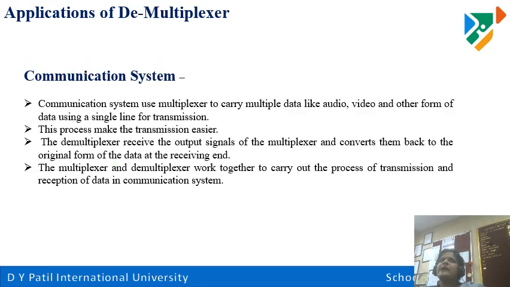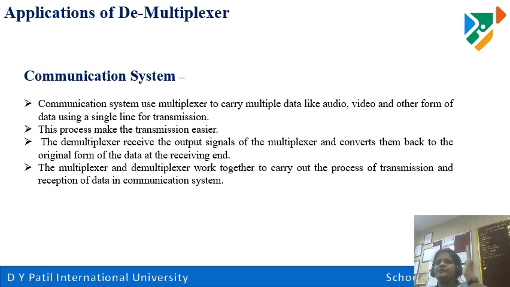So what are the applications of a demultiplexer? It is the same. A communication system uses a multiplexer to carry multiple things, right? The demultiplexer will receive the output signals of the multiplexer and convert them. So at one end you will have a multiplexer, at the other end you will have a demultiplexer. Whatever you are trying to do with the multiplexer, those signals are received by the demultiplexer and converted back to the original form.